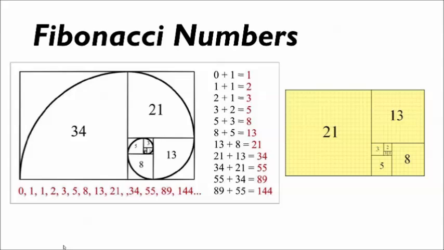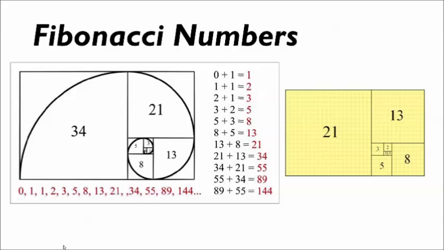And when we look at the Fibonacci numbers, the definition of them is adding together integers or sequential numbers and hitting on certain numbers in a series. So the way the series works is you start with 0. 0 plus 1 is 1.